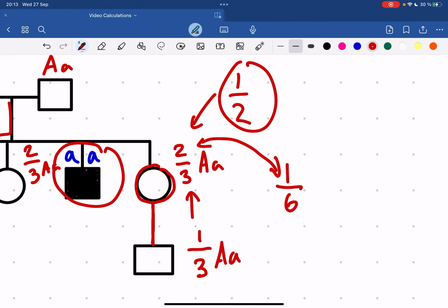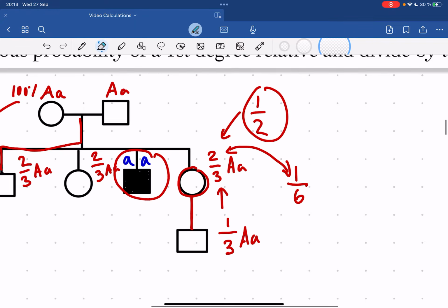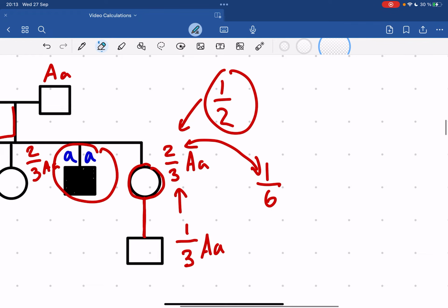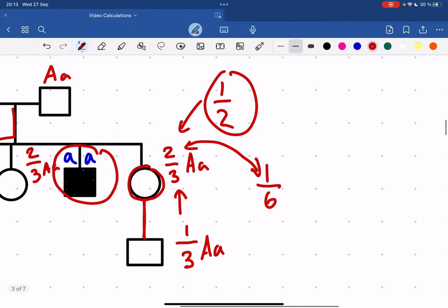I asked my professor about this in the colloquium, and this is what I took from it: if you make a simple mistake in maths, you're all right. You're still gonna get the points if it's just a math calculation error, as long as you explain what you're doing and why you're doing it and it is correct. So if you just accidentally do 1/6 here instead of 2/6 or 1/3, that's fine.